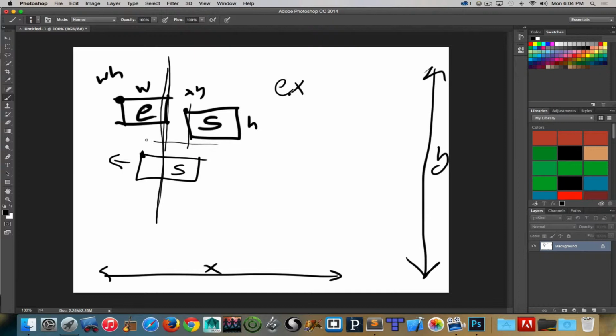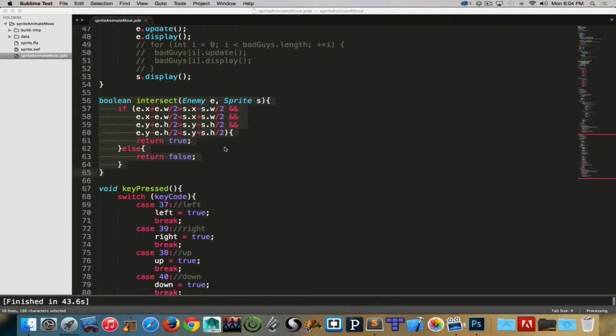So we're trying to find out when have they crossed into each other's horizontal space. And doing this is a matter of checking both horizontal overlaps and vertical overlaps. And we have to check 2 cases for each to figure it out. So we have 2 x and width statements and 2 y and height statements here.